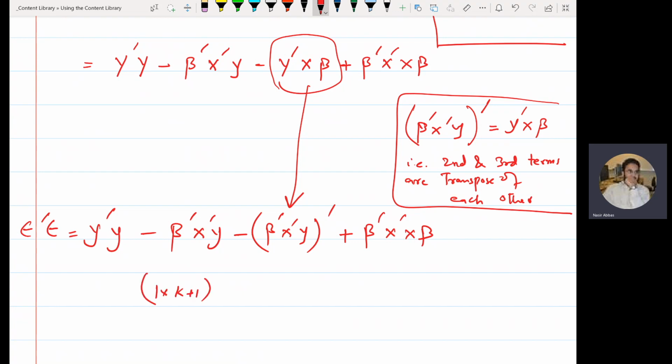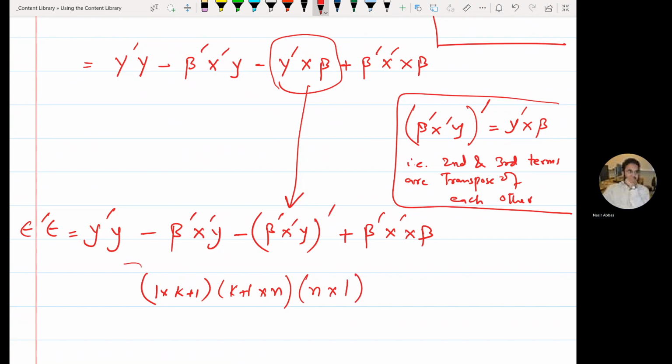What is the order of x? X is k plus 1 by n. What is the order of y? N by 1. This is the second term. So what will be the final order of the answer? 1 by 1.